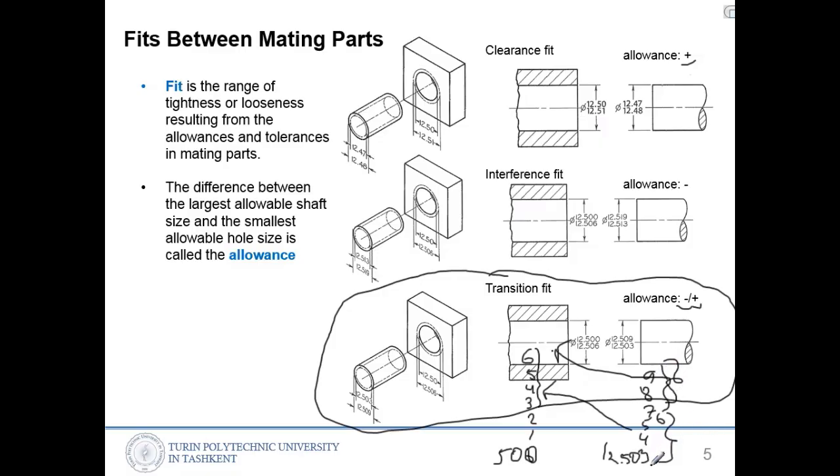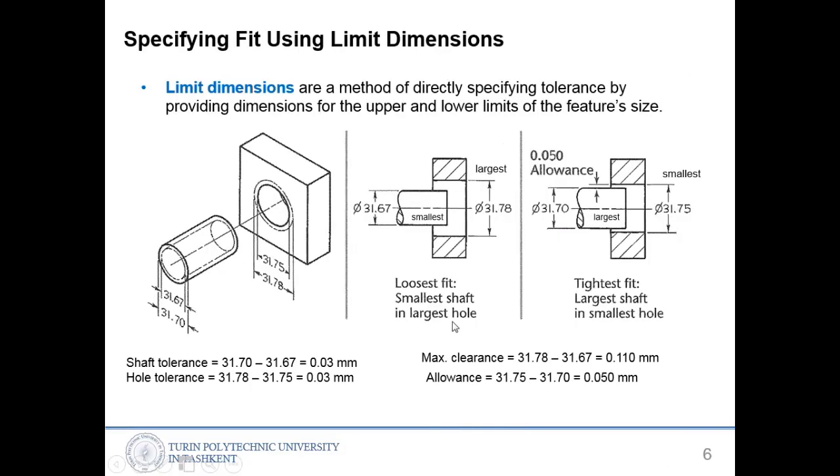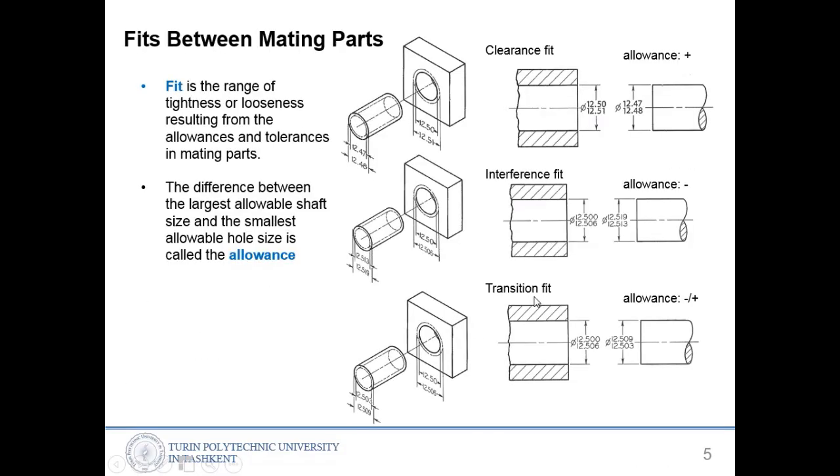But from 3 to 6 it is inside of this value, so it's easy to insert. So that would be a clear positive allowance in this case. And in this region, that is a negative allowance. So we use heating for this one. That's why we have both types of allowances. We call this one transition fit.